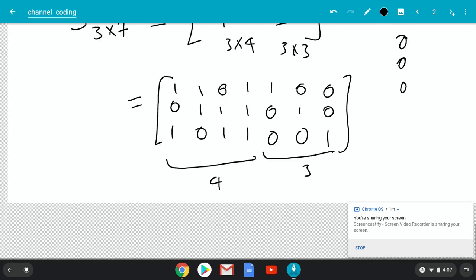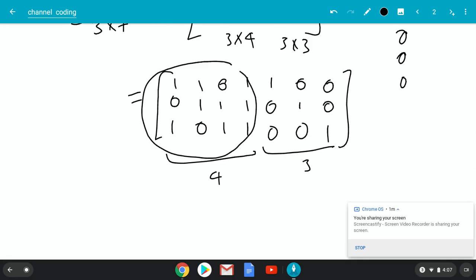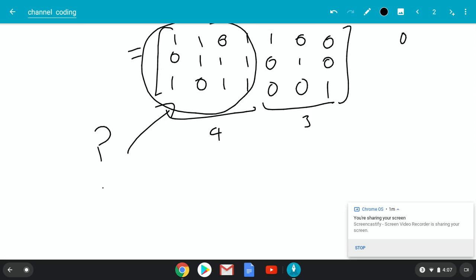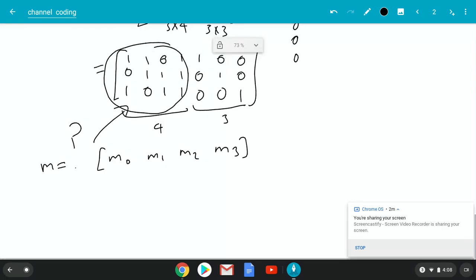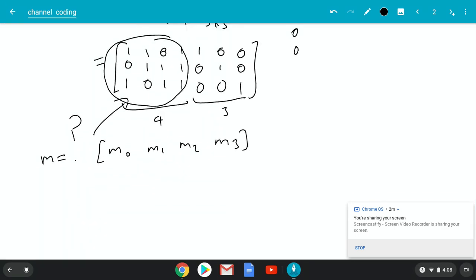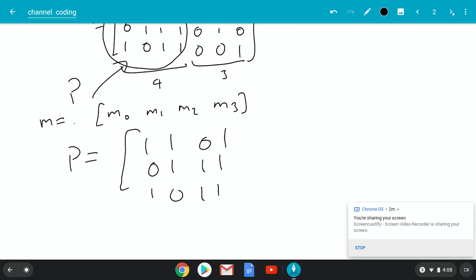So that means I can use this particular matrix here as my P. Now that I know what P is, I know how to generate my parity bits. I'll use this matrix P to generate my parity bits. So let's say M, in general, could be M0, M1, M2, M3, right? According to this matrix, my P is equal to 1, 1, 0, 1, 0, 1, 1, 1, and 1, 0, 1, 1.